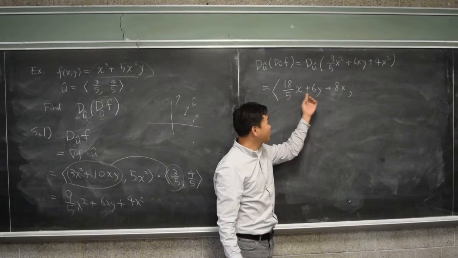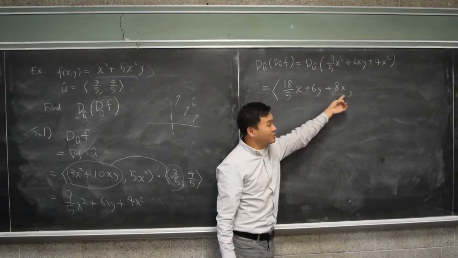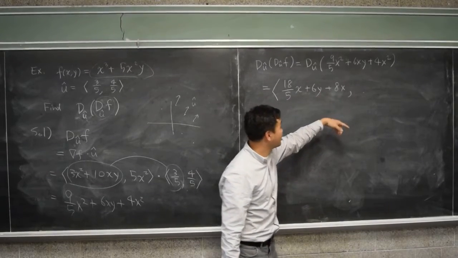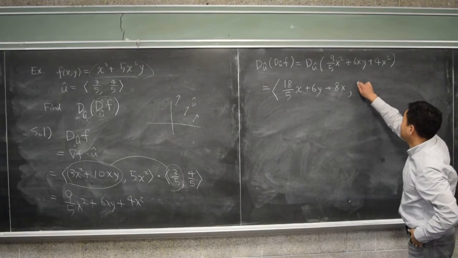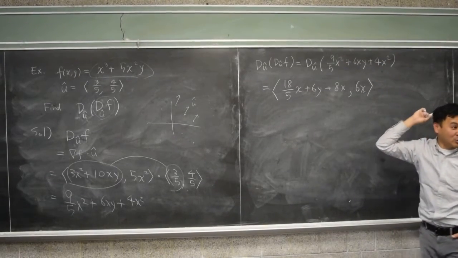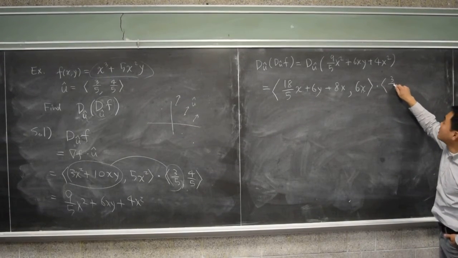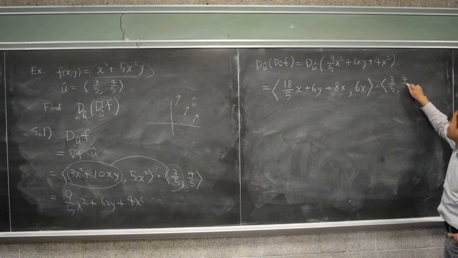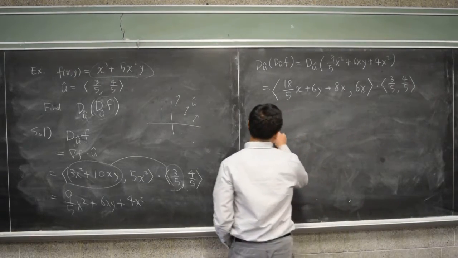Okay? Don't put commas here. You're going to ruin everything if you do that. So this is partial with respect to x. And then what's the partial with respect to y? 6x. So that's the gradient of this function. Now what do you do? Dot with u, which is 3 over 5, 4 over 5.